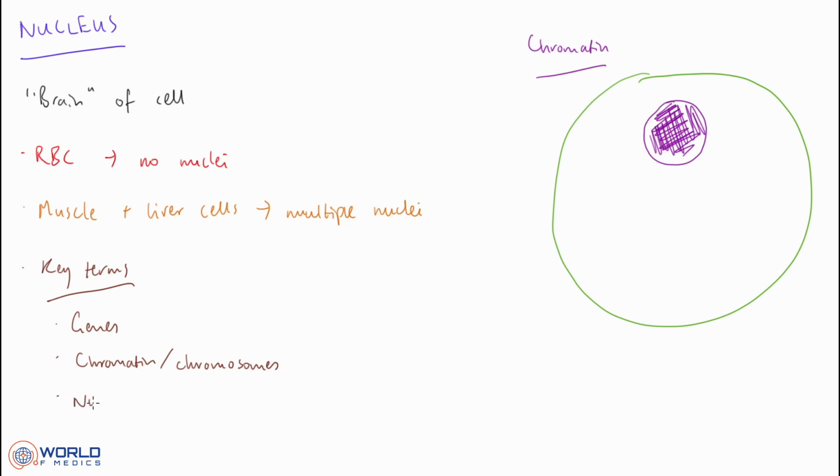Then we've got nucleic acids, which you may or may not have heard of, but you will definitely have heard of DNA and RNA. So that's just an example of some of the things that the nucleus contains.